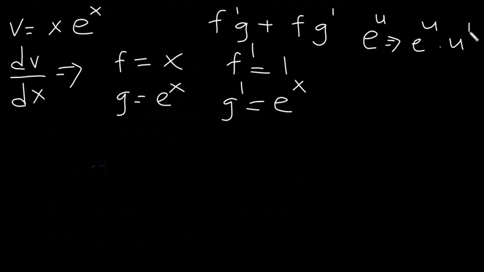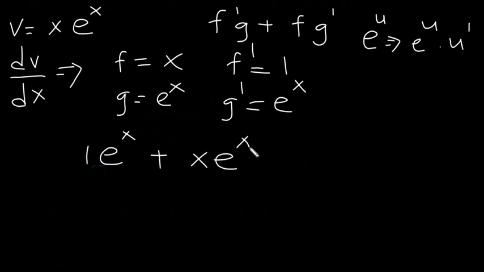So we can now replace these values in our formula, so that the derivative is going to be f prime, which is 1, multiplied by g, exponential x, and then we add f times g prime. So f is x and g prime is exponential x.